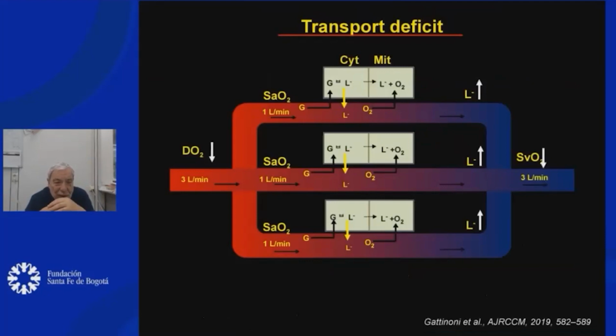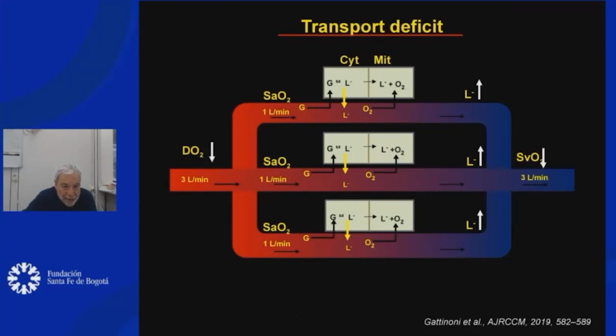And so let's look at the transport deficit. This is a model. Let's see. I have decreased the cardiac output by 3 liters. I have decreased oxygen supply, and I have 1 liter that goes to these units, 1 liter here and 1 liter here. You have the glucose.